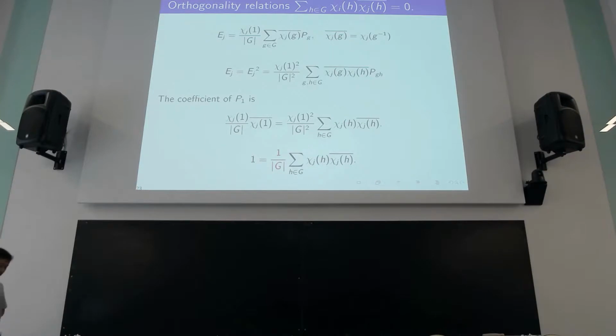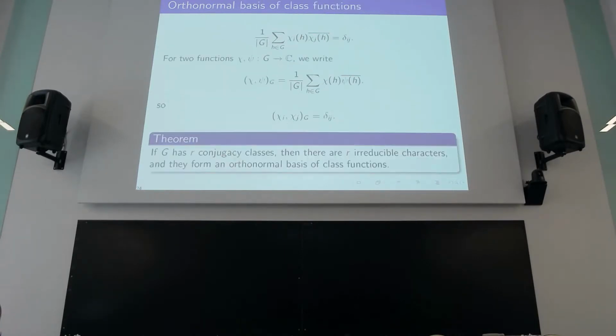So if you normalize the usual Hermitian inner product by dividing it by the order of G, you get an orthonormal system of vectors. That is, the characters form an orthonormal system. Of what space? Well, it is the space of all functions which are constant on the conjugacy classes.